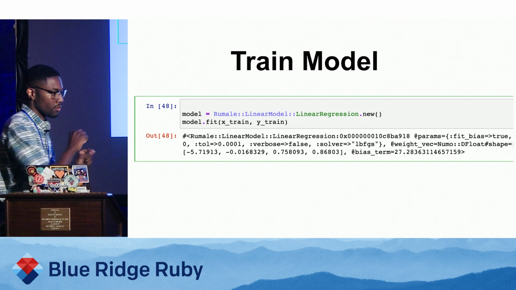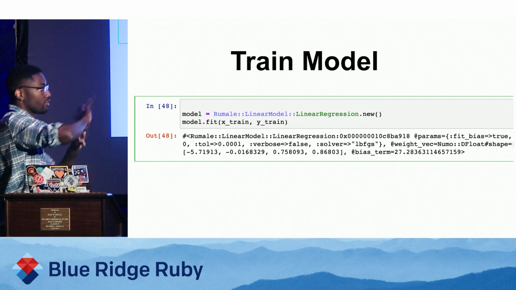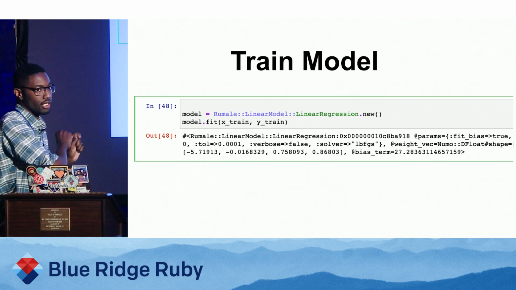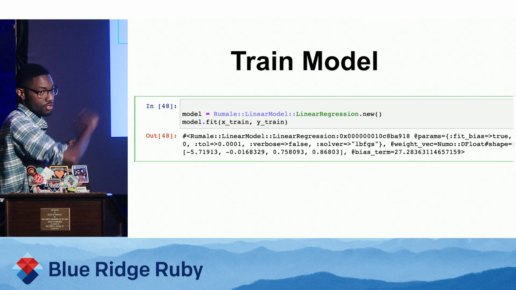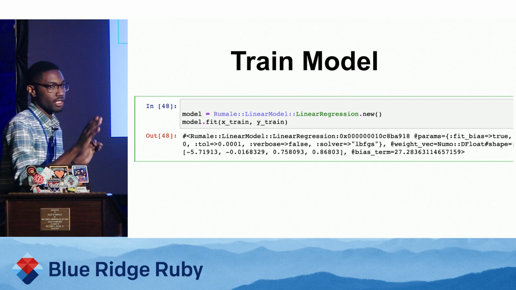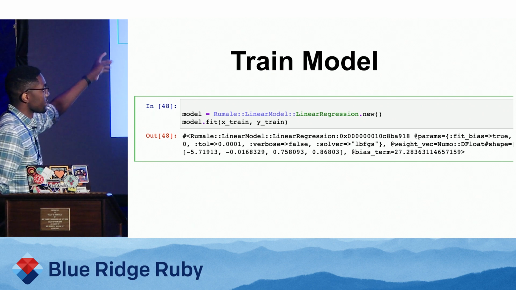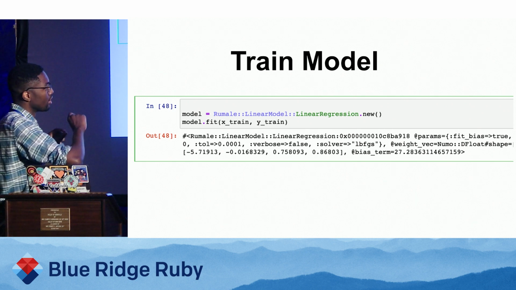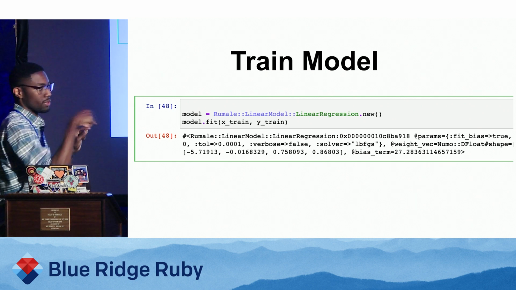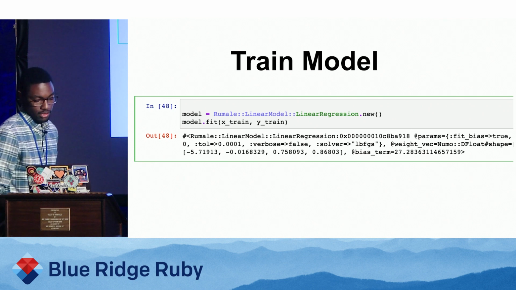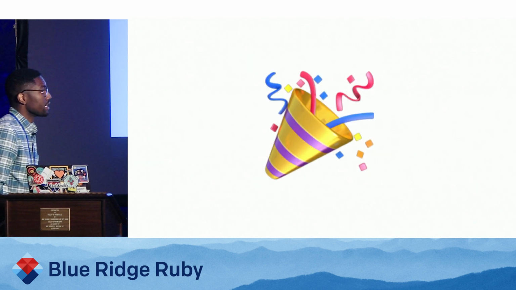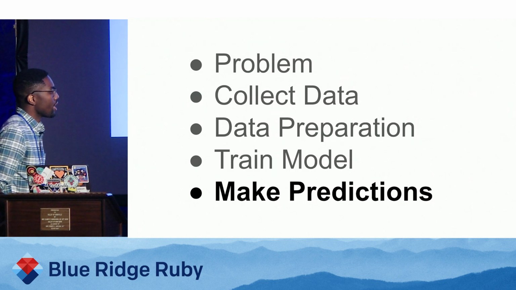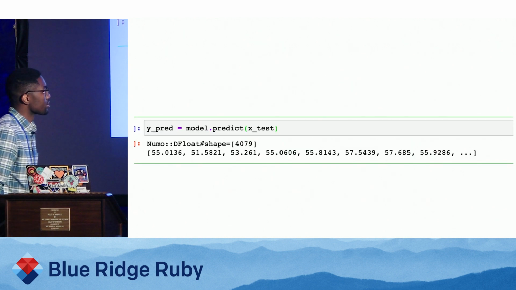If you imagine all the data points on that graph, it's saying, how can I draw a straight line that closely matches all those data points? It's going to keep moving the line until the distance between all those points is minimized. That's really all you need to do to build your machine learning model. And then with that, you can make predictions.